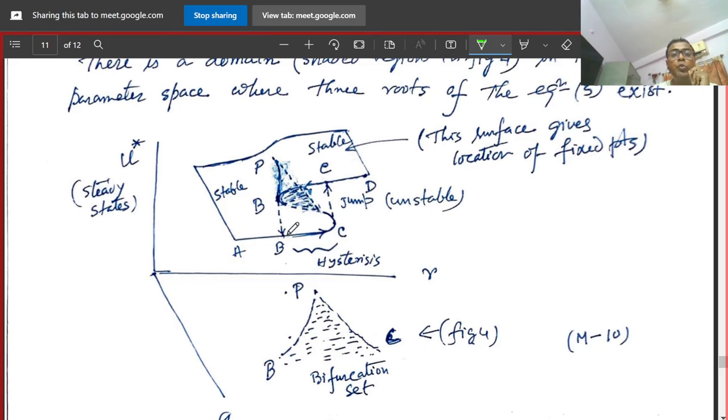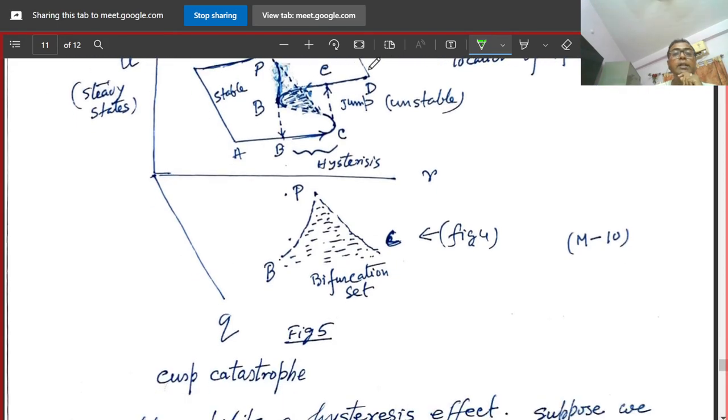Going from A to B, B to C, and C to D. Then tracing back from D to C and C to B, there is a jump at B, and then we come to the point A. The shade of the surface along the RQ plane is this.